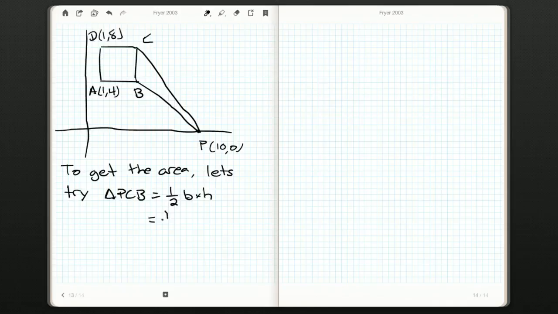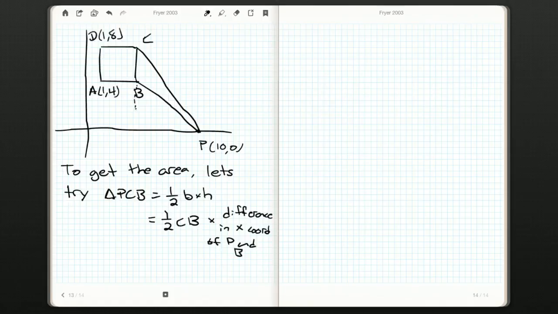What's our base going to be in this case? It's going to be CB times a height. The height is going to be the difference in the x-coordinates of P and B.